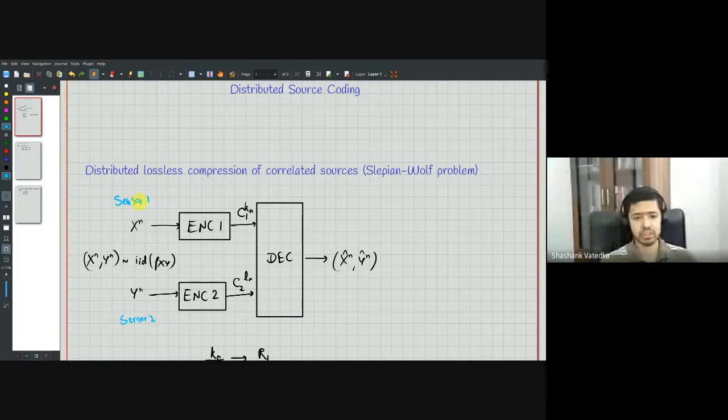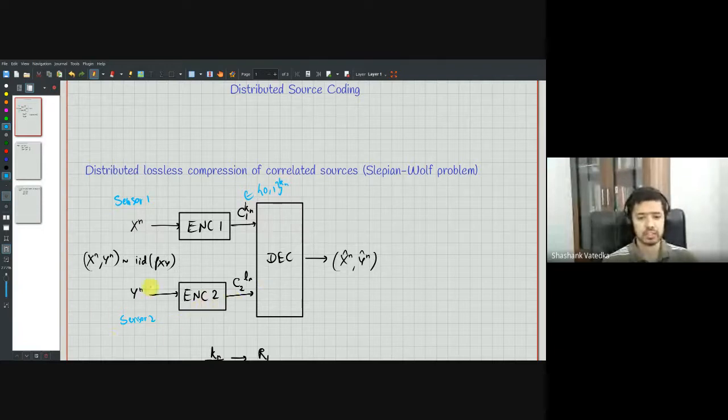So let us say that sensor 1 somehow encodes the measurements it has, and these n measurements are compressed to kn bits, and these are transmitted to the decoder. So this comes from {0,1}^kn.